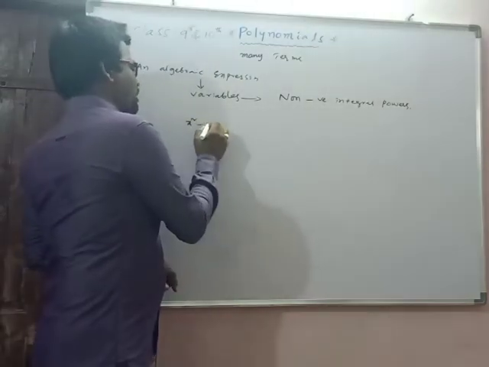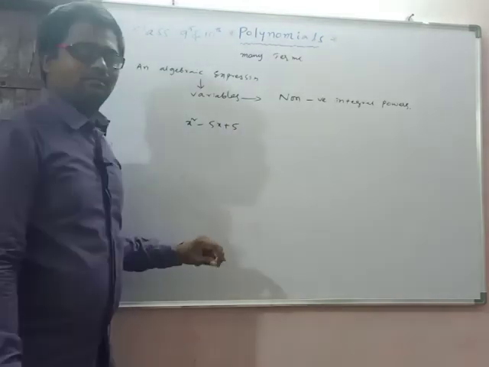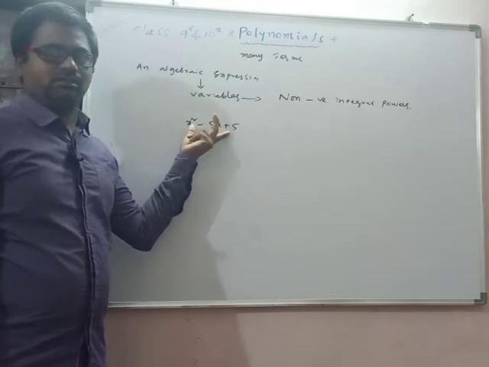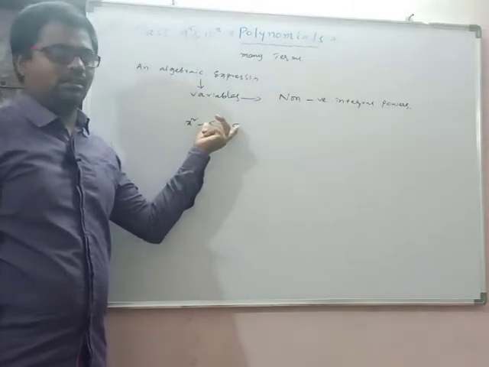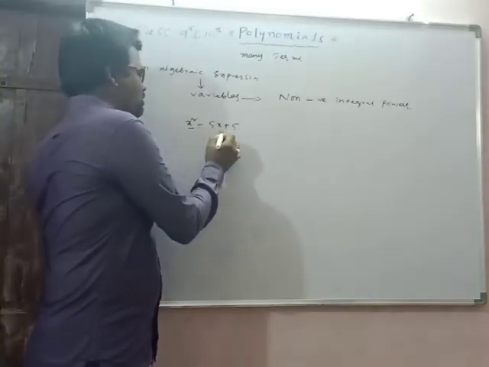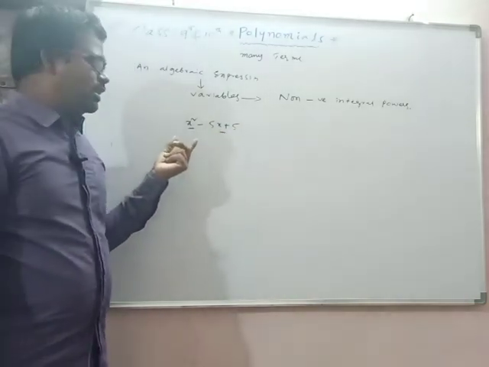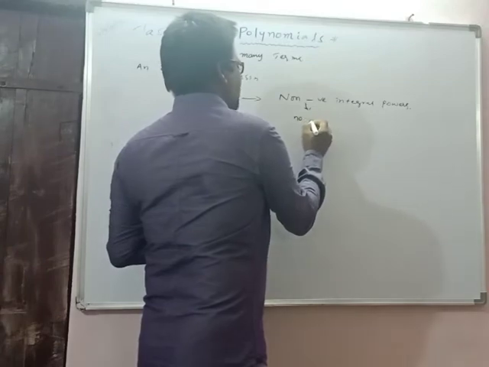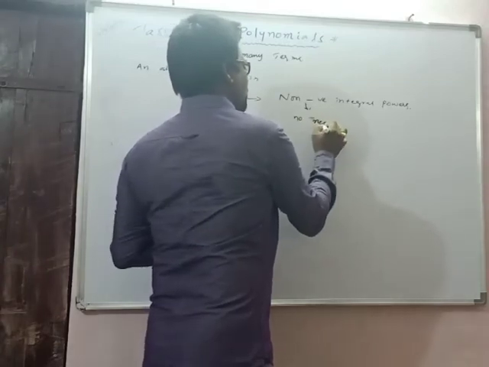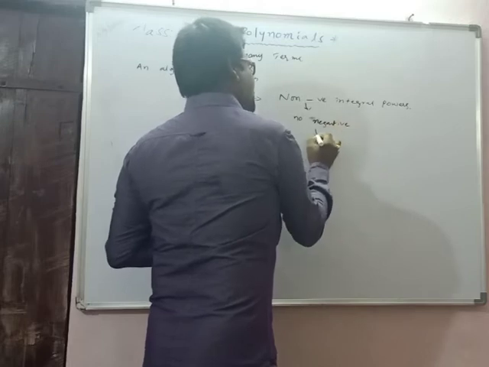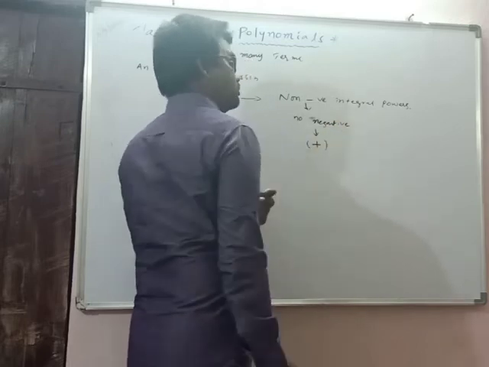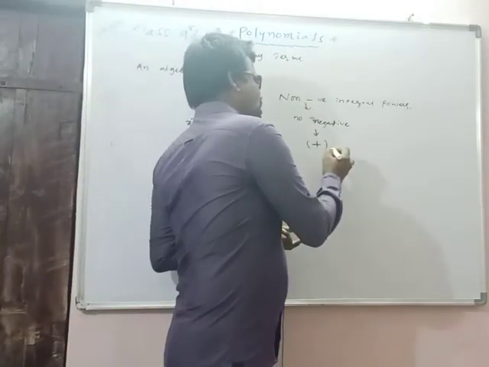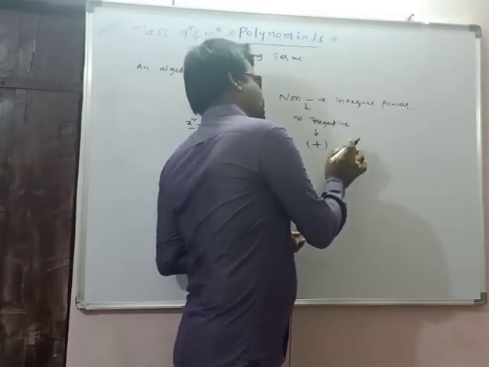Suppose x square minus 5x plus 5. This is an algebraic expression because of three terms joined by addition or subtraction. Involving variables means x square, where x is a variable. With non-negative integral powers: non-negative means no negative, only positive, and also 0 will come.